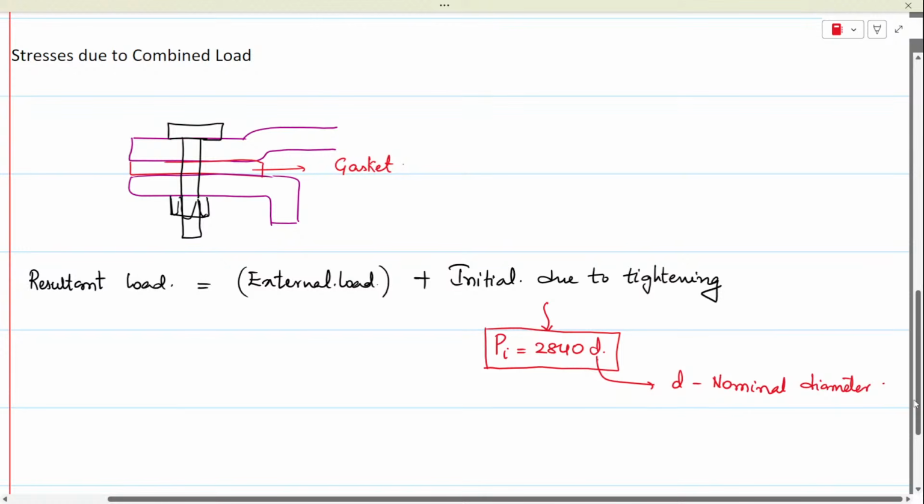Next, adjacent to the external load, there is a stiffness constant that needs to be multiplied.